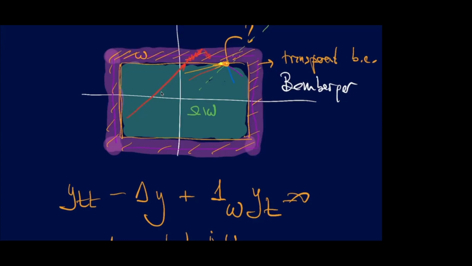It has to go through all this dissipative region again, and when it gets there, nearly no energy is left, so very little comes back. In this way, by regulating the damping with a constant, we can generate dissipative effects on this neighborhood of the boundary, which will make this perfectly matching layer.